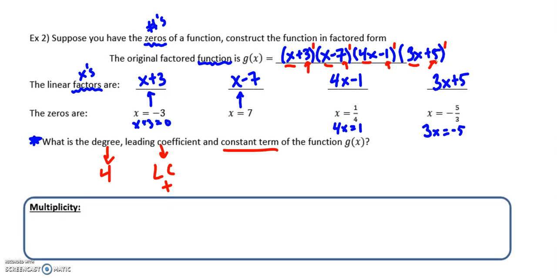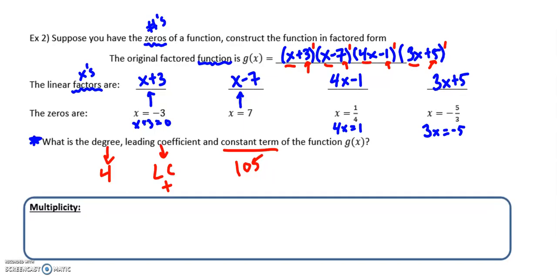And in a little bit here, I'm going to give you another way of doing it. You can also just plug a 0 in for all the x's. That's another way to get the constant. Just put a 0 in for all the x's. So if I take 3 times -7 times -1 times 5, the constant term is a positive 105. So there's my set of degree, leading coefficient, and constant.